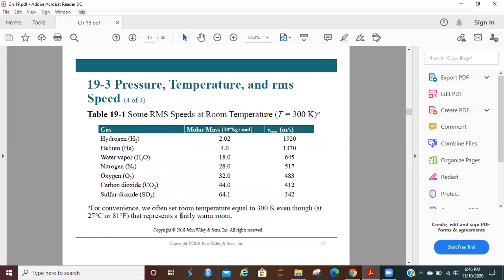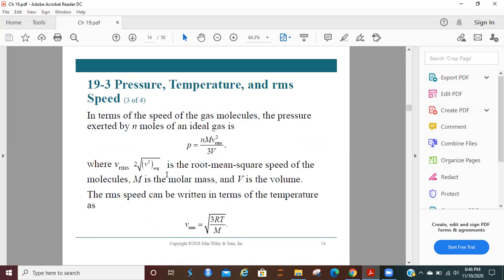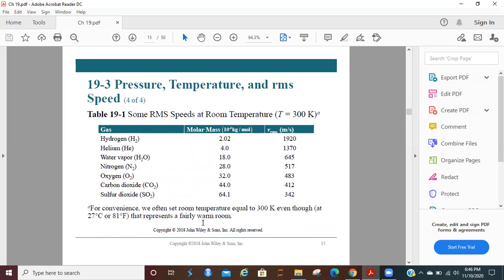RMS is going to be a particular type of velocity of the molecule that we're talking about. We're going to be talking about 3 different ones actually, and this is just one of them. So here are some RMS speeds at room temperature.